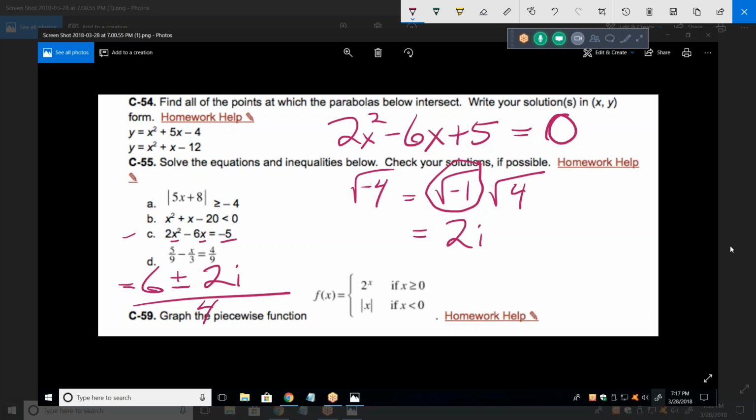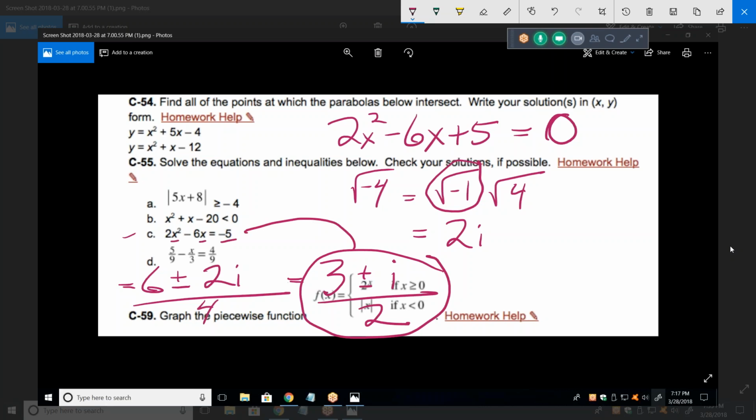Now I can divide top and bottom by 2, giving me 3 plus or minus i all over 2. And that is a legitimate answer. That would certainly satisfy that problem. If they told you always put your answers in a plus bi format, what would this be?